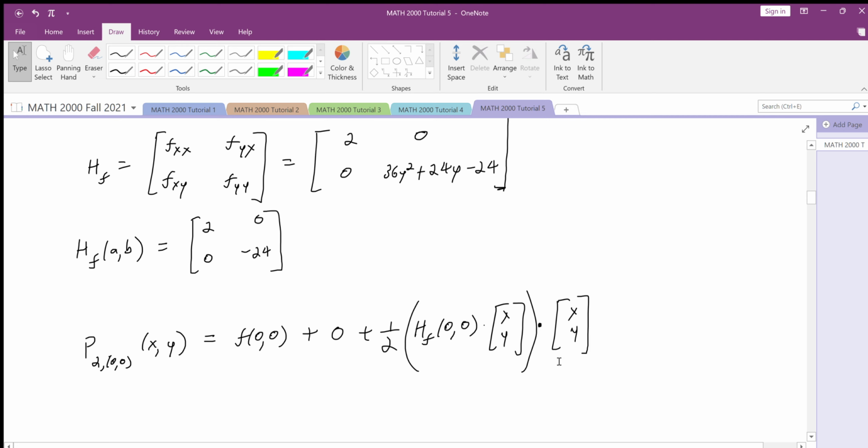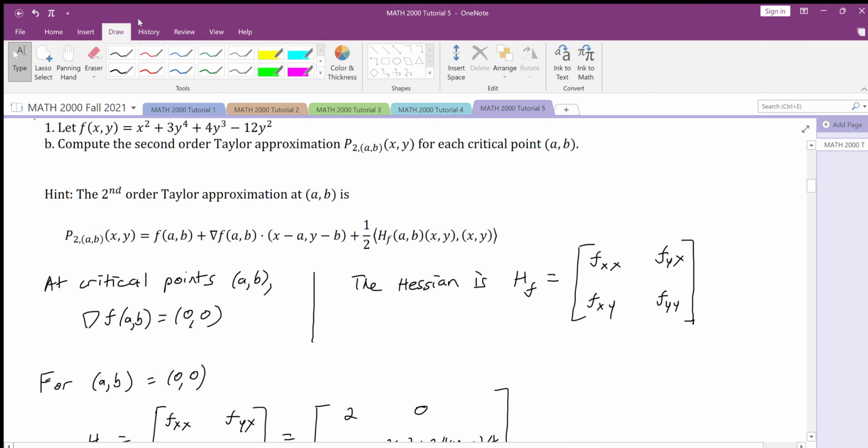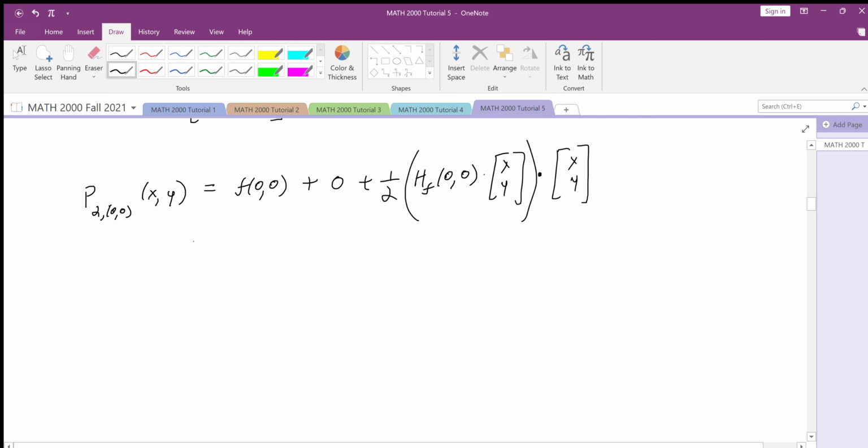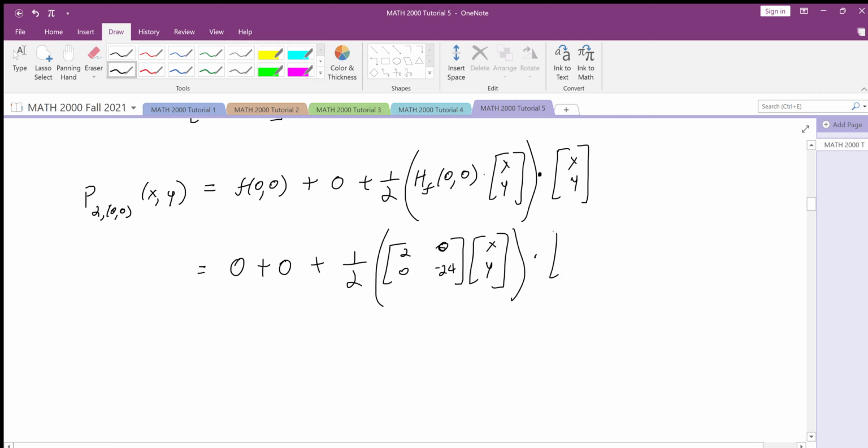This looks a little bit interesting, but if you go back up here, this notation with the brackets is just asking you to do the dot product. So we simplify. f of (0, 0) is just 0, plus a 0, plus 1/2 times the matrix 2, 0, 0, minus 24 multiplied by (x, y), then dot product with (x, y).